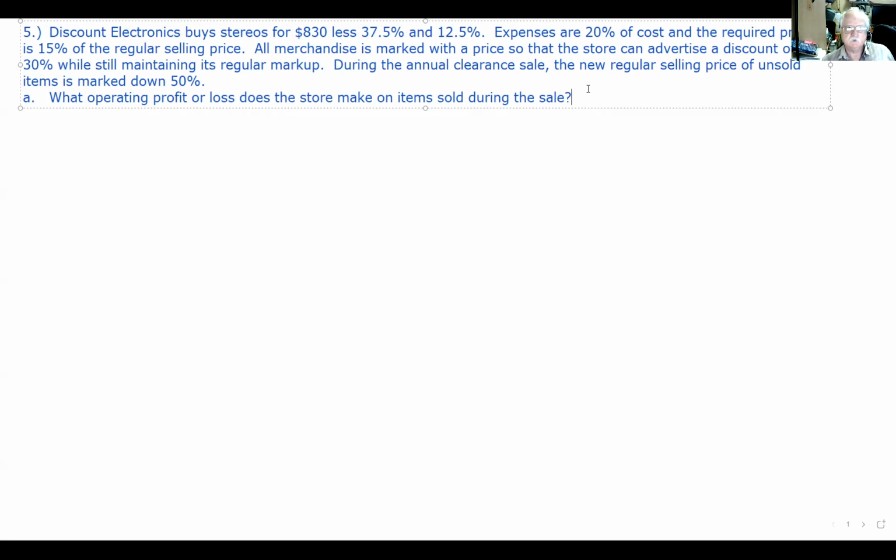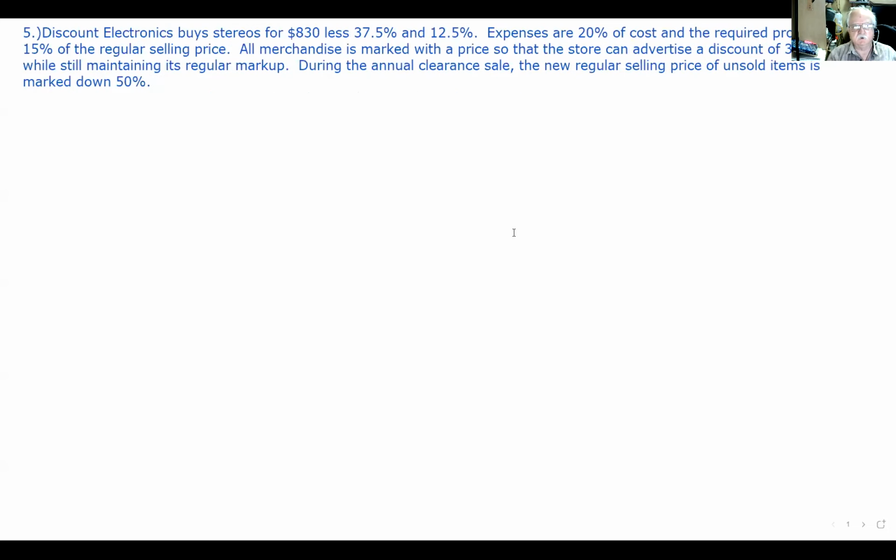So something called Discount Electronics buys stereos for $830 less 37.5 and 12.5%. So the first thing they're expecting us to do is figure out their actual cost.